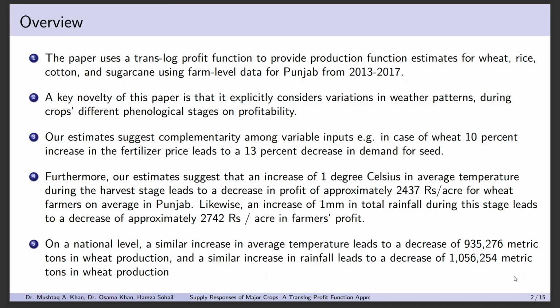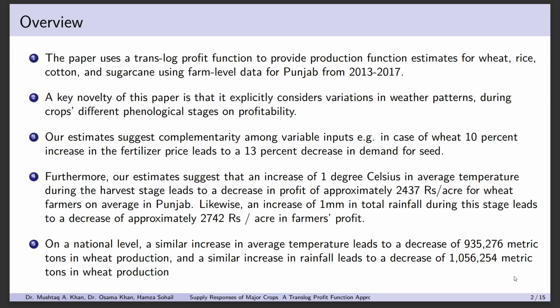A key novelty of this paper is that we explicitly account for weather effects across different phenological stages within a crop. Each crop has four broad phenological stages: sowing, tillering, maturing, and harvesting. And we look at the effect of weather on all of these four stages.